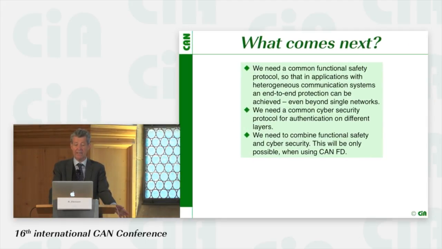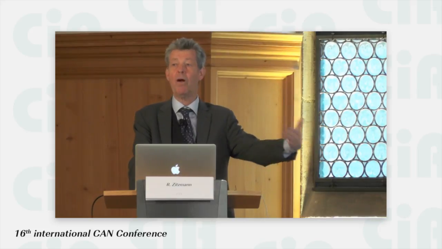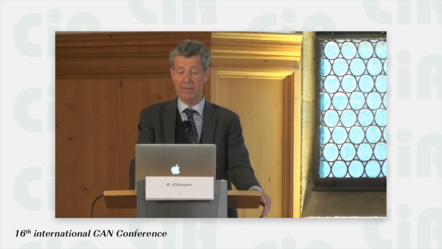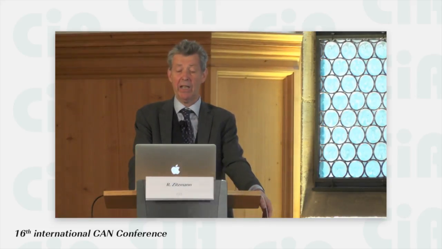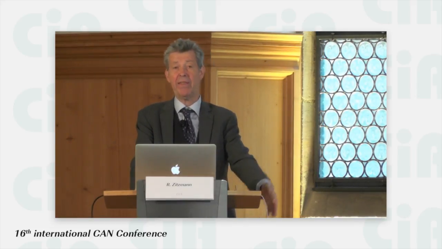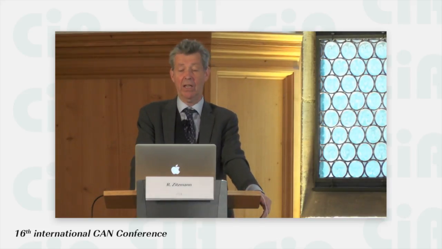So what comes next? We have to have a functional safety protocol, not just for one application layer, but for all of them. In particular, in construction machines, we see that we have different CAN higher-layer protocols implemented, and then we need, from one end to the other end, independent of the application layer, a functional safety protocol.